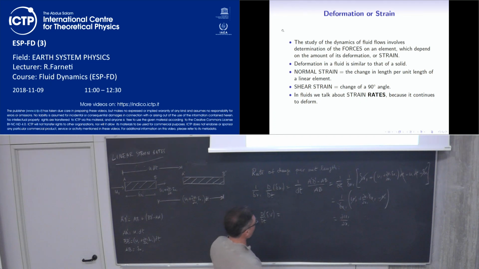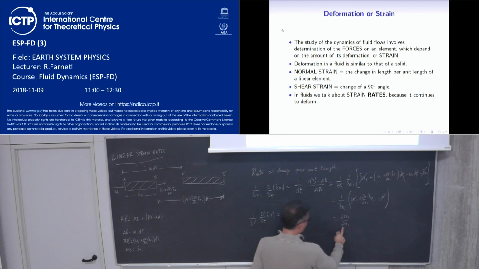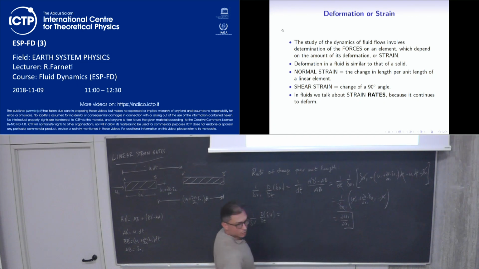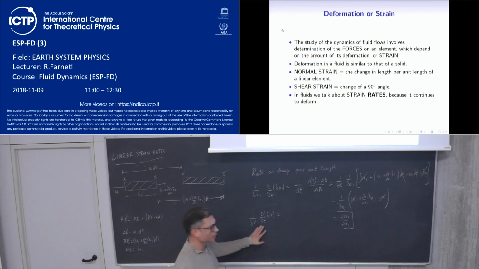So d by dt, the Lagrangian derivative, per unit length of my element of fluid is equal to this. So the Lagrangian derivative is still here. But from the definition, you say d by dt is equal to the partial derivative of d by dt plus ui d by dx. Still here. I'm not touching the Lagrangian derivative.